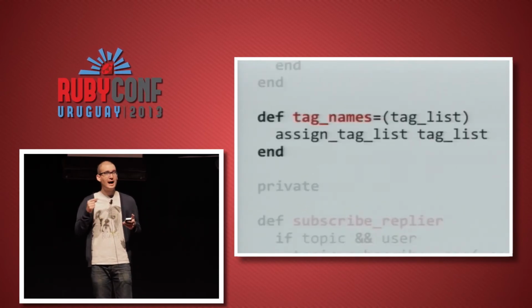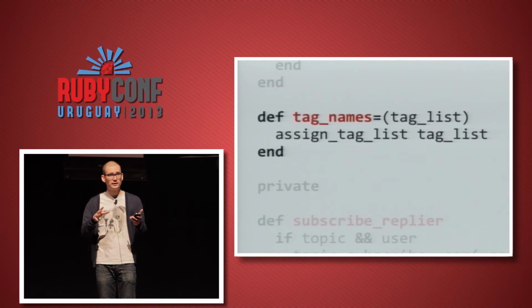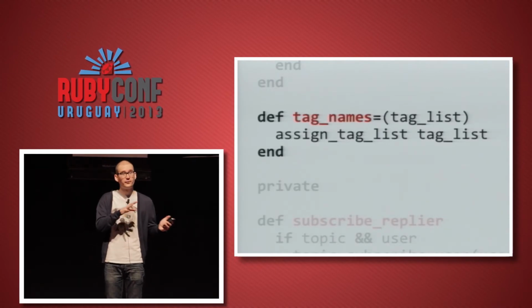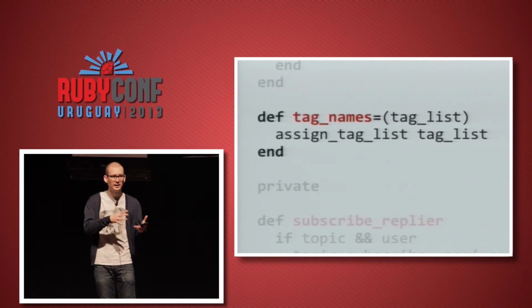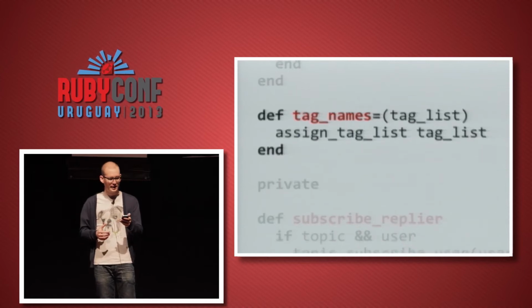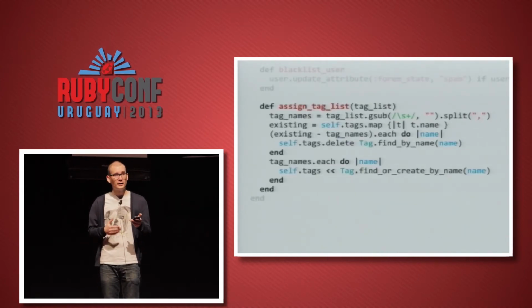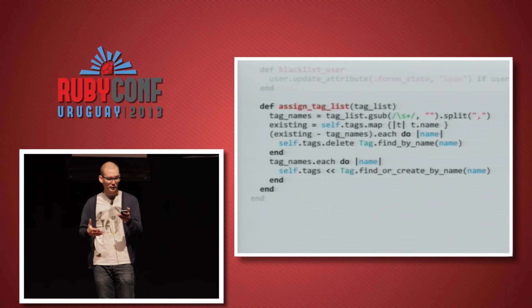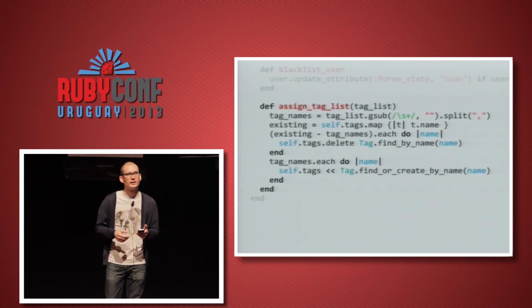We have also a virtual attribute to conveniently convert the tags from and to a string of tag names separated by commas. And finally, at the bottom of the file, we have the private method which takes care of that conversion.